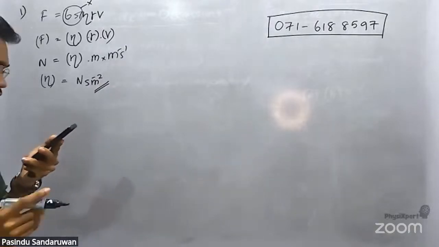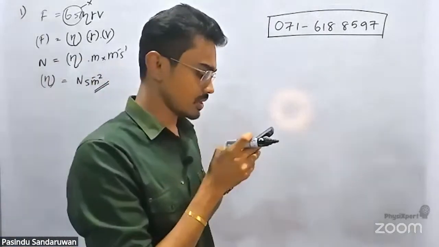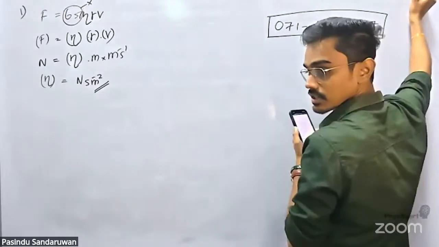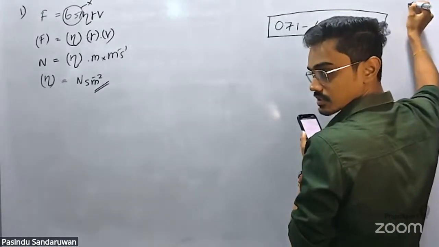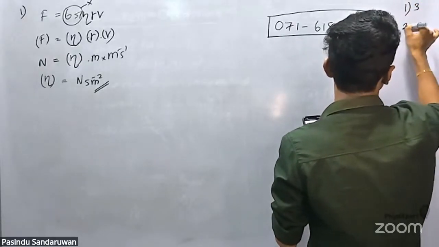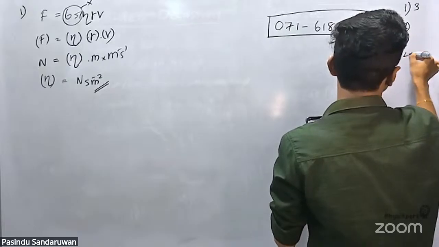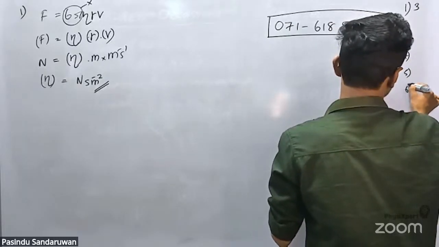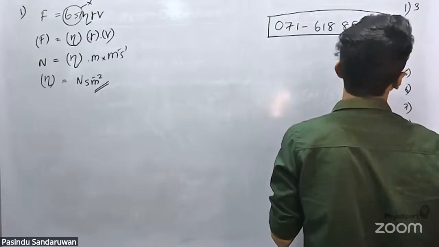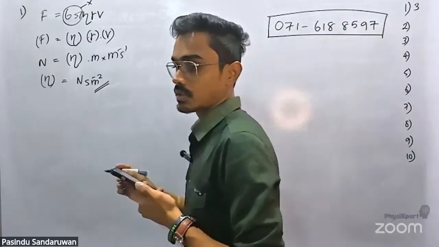N s m minus 2 is answer 3. For 1, answer 3. I'll be mentioning the answers here.